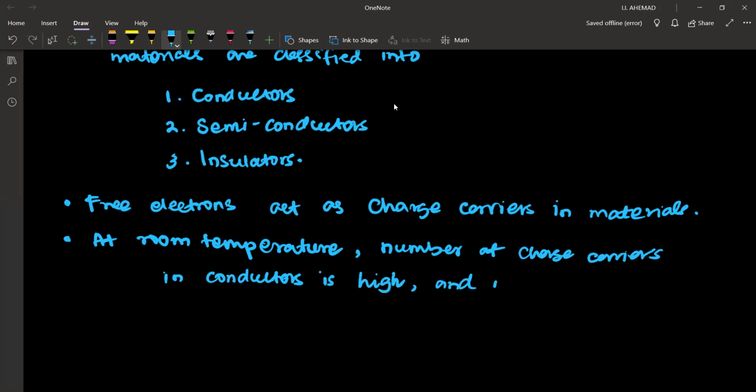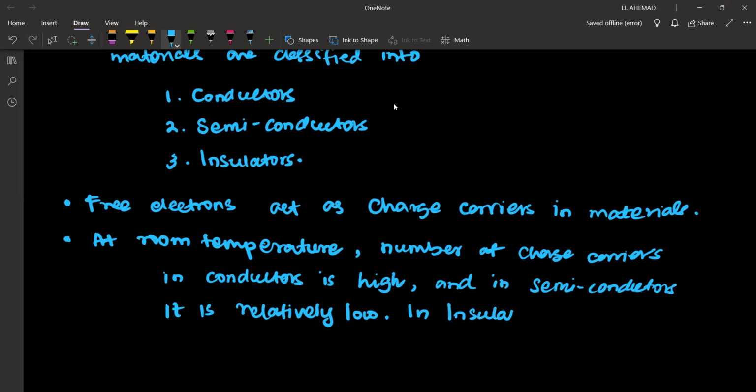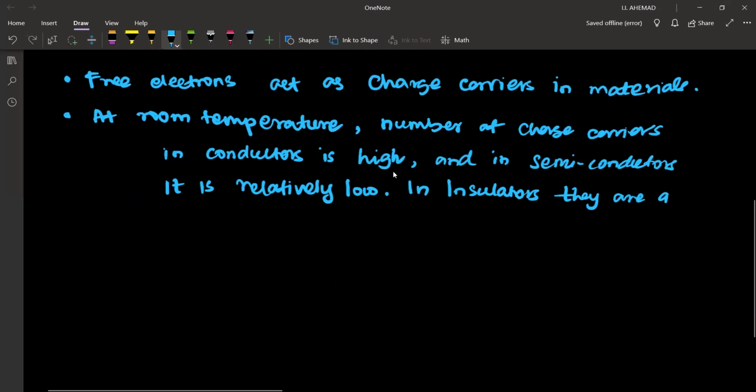In semiconductors, it is relatively low. And then we have the insulators. In insulators, there are a few or none.